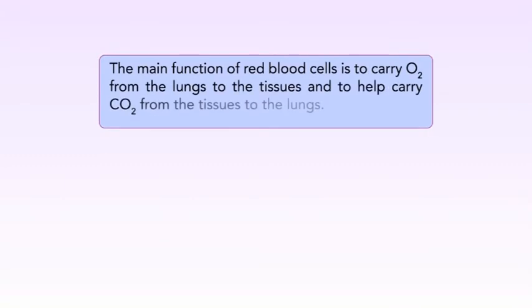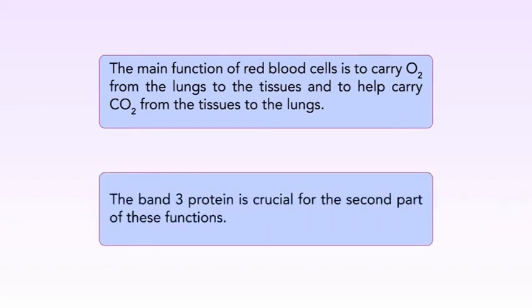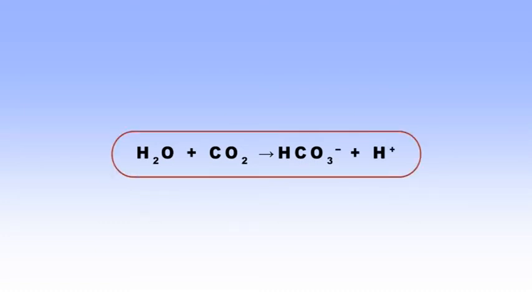The main function of a red blood cell is to carry oxygen from the lungs to the tissues and to help carry carbon dioxide from the tissues to the lungs. The band 3 protein is crucial for the second part of these functions. Carbon dioxide is only sparingly soluble in water, and so it is carried in the blood plasma as bicarbonate, which is formed and broken down inside red blood cells by an enzyme that catalyzes the reaction of water and carbon dioxide to bicarbonate and hydrogen ions.